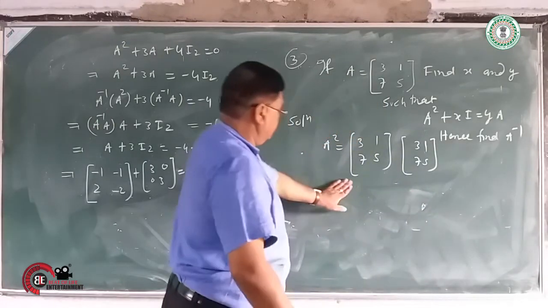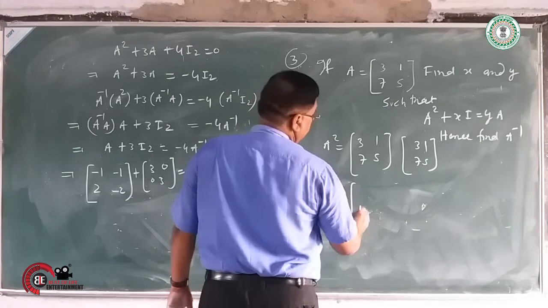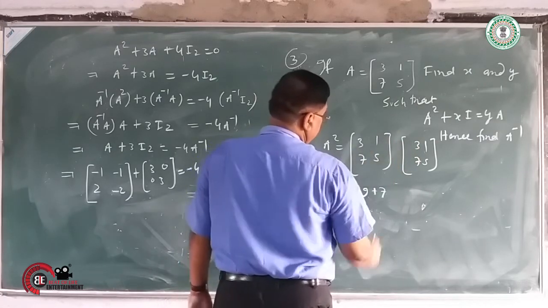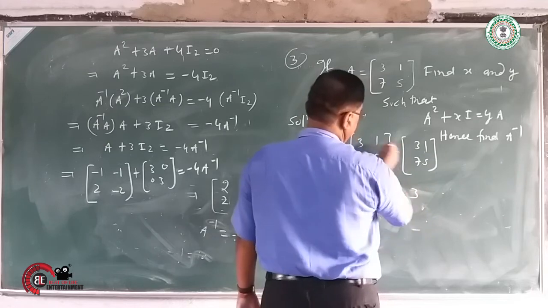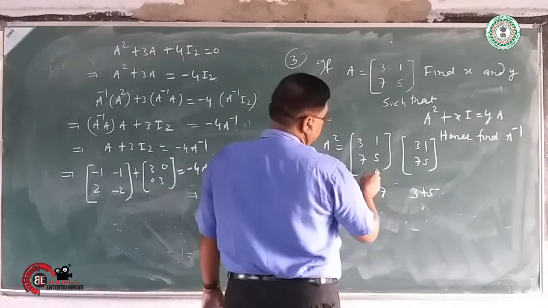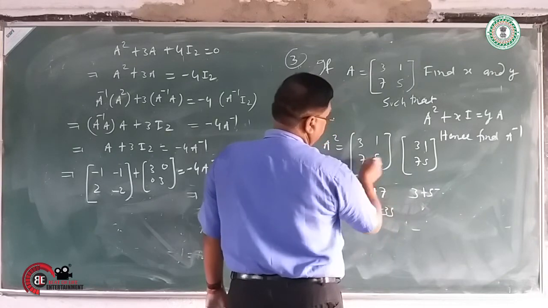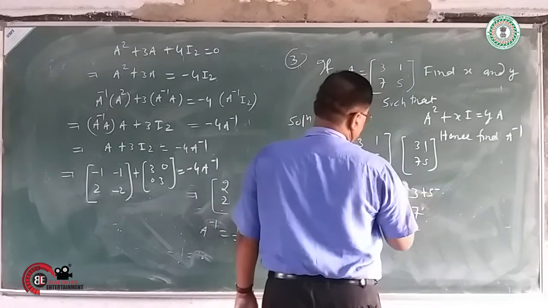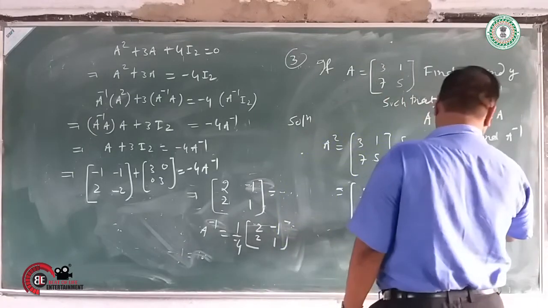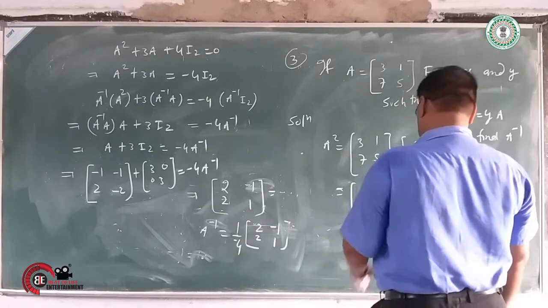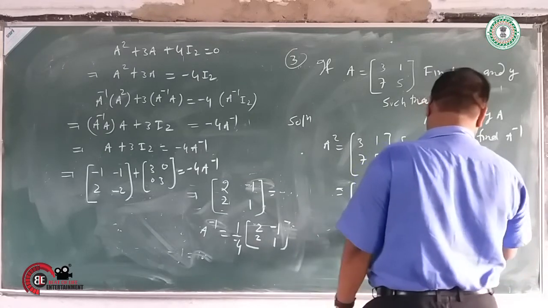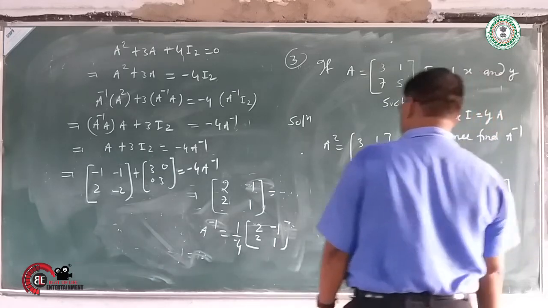Do the multiplication, student. 3 times 3 is 9 and 7 times 1 is 7, so 16. 3 times 7 is 21 and 7 times 5 is 35, so 56. So A square is [16 56; 8 32].